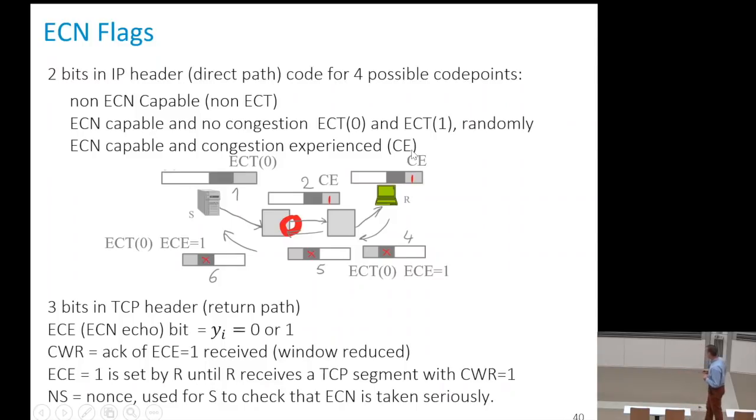Then this is echoed back, and in the echo back, which is now in the TCP header, used typically in an acknowledgement, there are 3 bits. One of the bits we will not discuss in detail. The first bit is the ECN echo bit, the equivalent of the DEC bit, that says, is there congestion or not? So it's an echo of this one. And there's another one which is used for verification. It's called a nonce, and we will discuss it in detail.